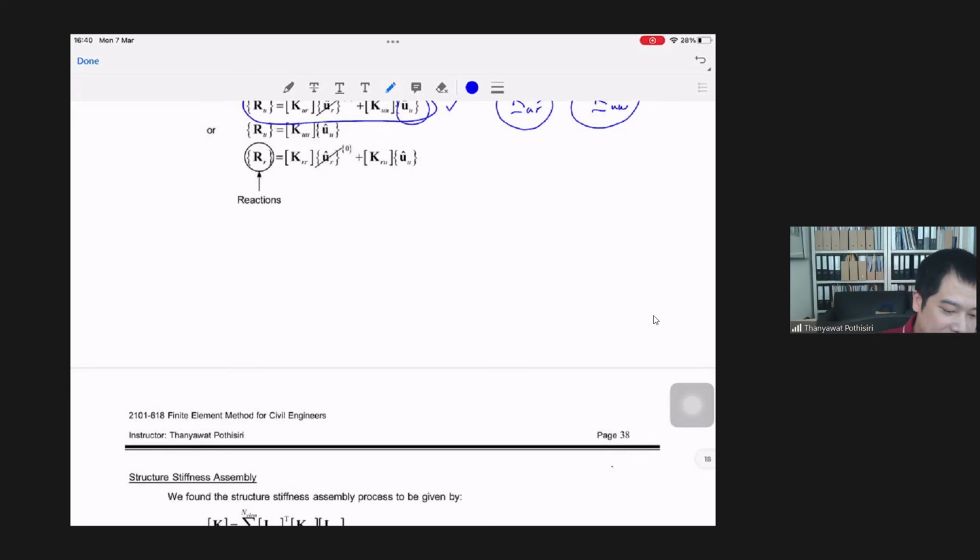Let me give you an example. Suppose we have a system of equations like this.